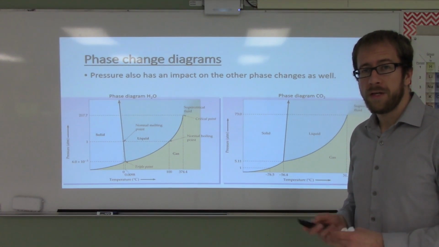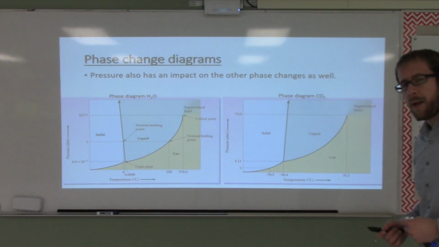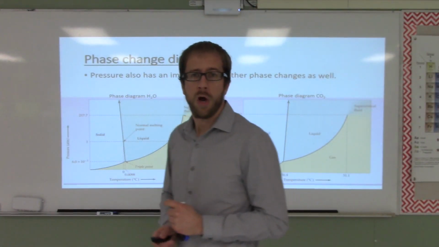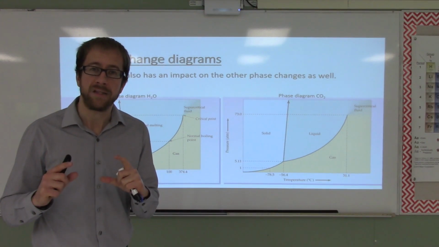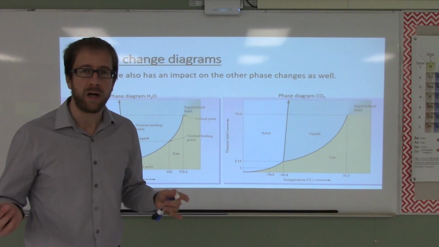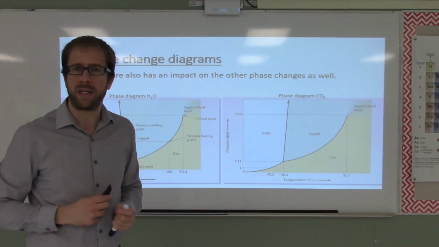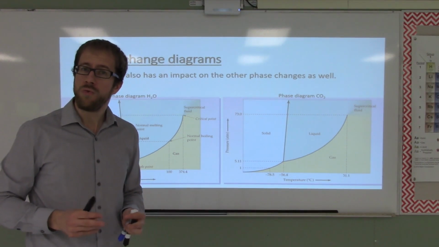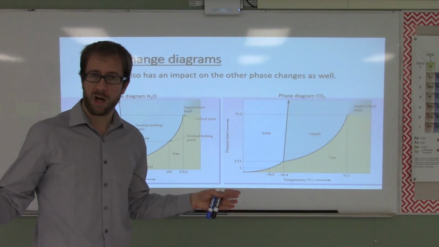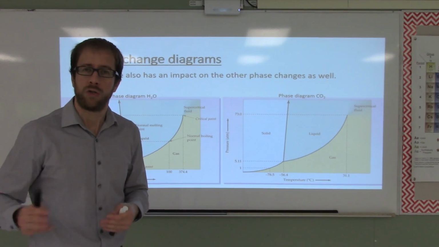Now, this does make sense. If you look here at 1 atmosphere of pressure, what happens to carbon dioxide solid, dry ice? I'm sure you've seen it in Halloween before. If I take dry ice and put it out on the counter, what's going to happen? Well, it's going to sublimate, right? It goes directly from a solid to a gas.